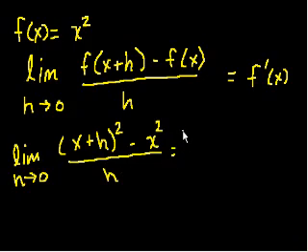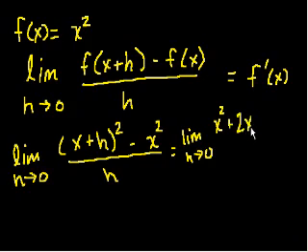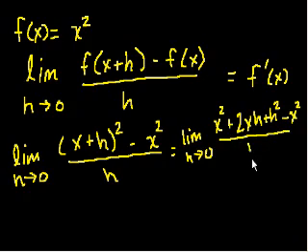And this is equal to the limit as h approaches 0. Let's just multiply this out: x squared plus, what is this, 2xh plus h squared, minus x squared, all of that over h.